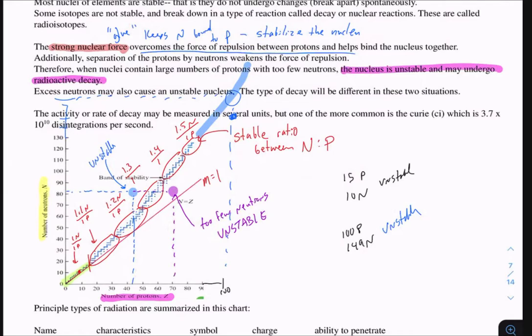Nuclear decay is the breakdown of the nucleus. And this can be really bad. Not always, but it can be really bad. Whenever you think of bad things happening about nuclear physics, bombs and power plants and stuff like that, it's because there's some instability going on.